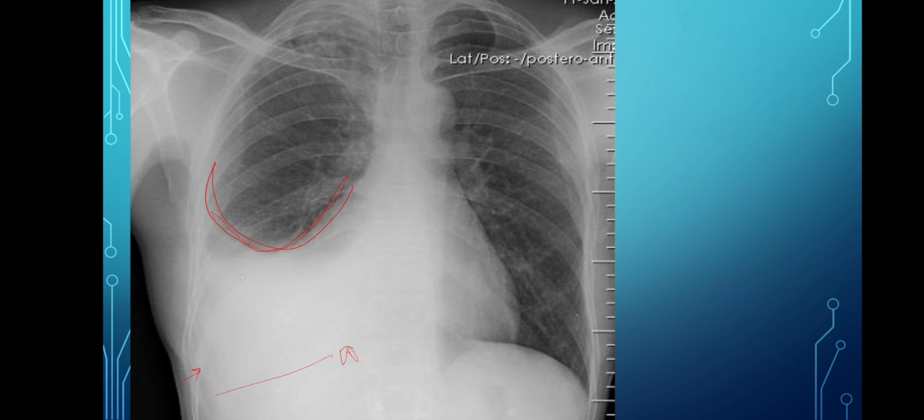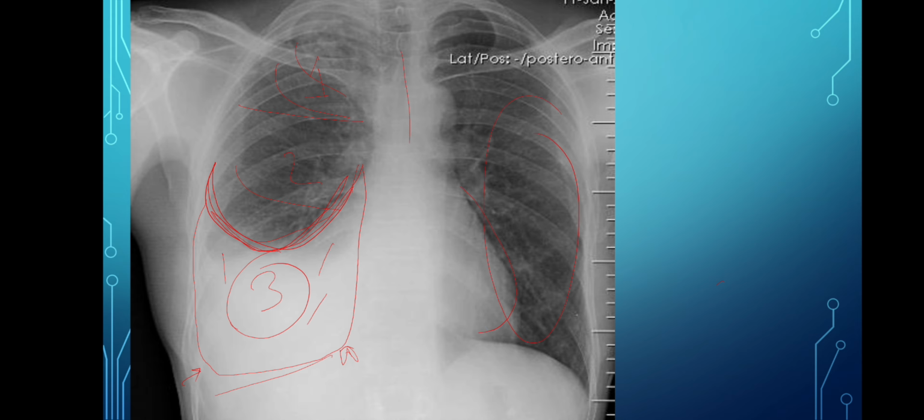There are no bronchovascular markings, and the wide homogeneous opacity is present in zone 2 and zone 3. This is zone 1 and this is zone 2. In zone 3, the homogeneous opacity is there, and also no bronchovascular markings are seen. The mediastinum is not shifted. Trachea is in the normal position.